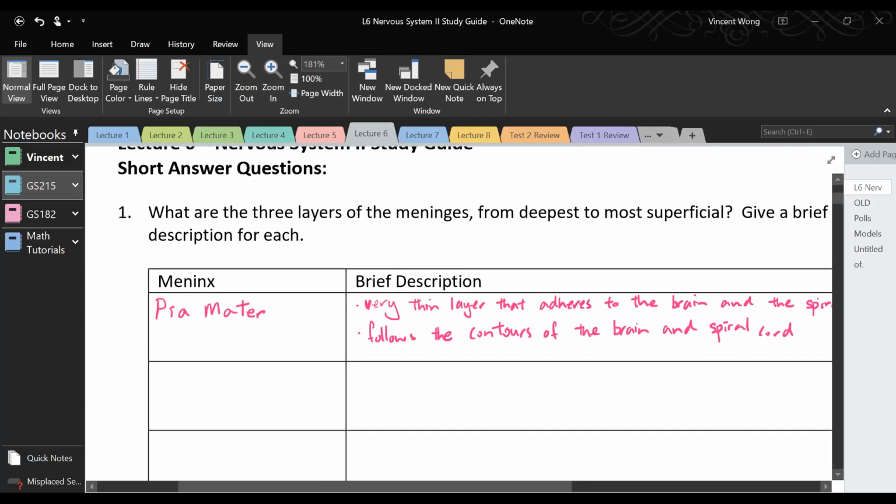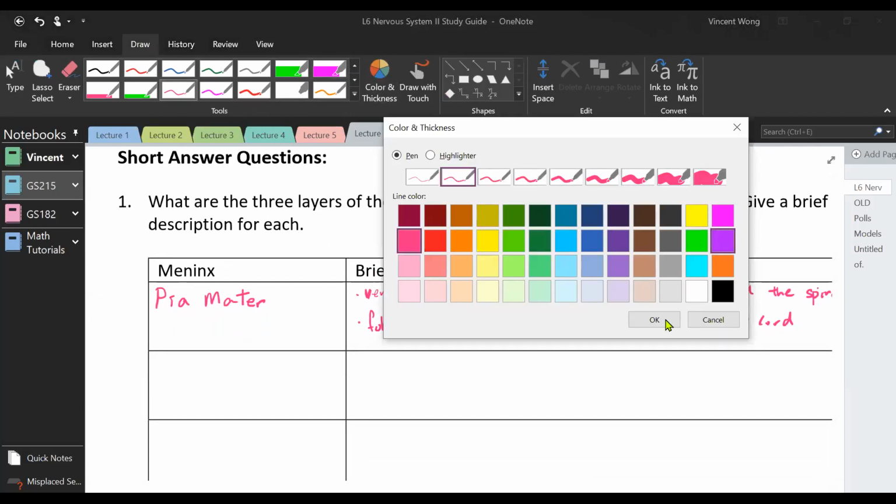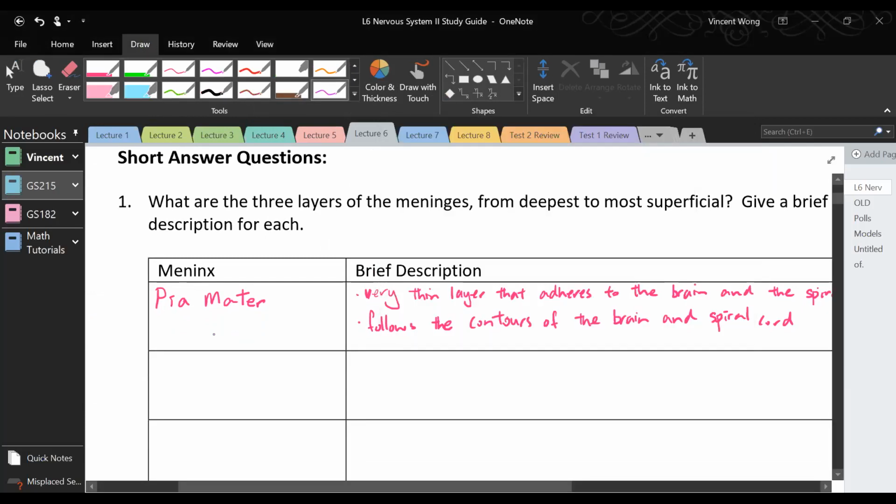All right. And someone tell me, what is the next layer? What is outside of the pia mater? Anybody remember what it is called?